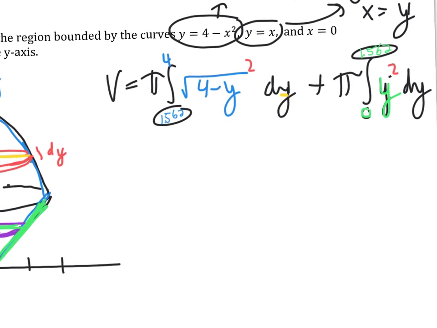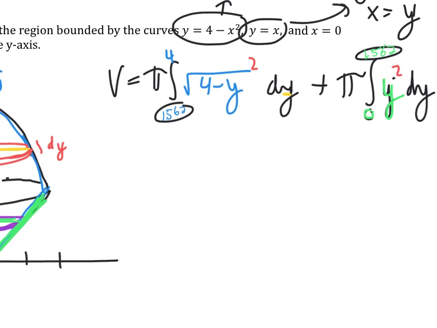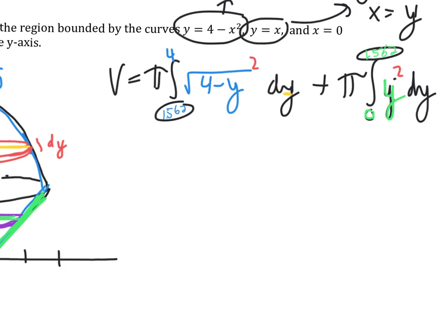So give myself a little bit more room here. And now it's just the nitty-gritty. Let's do the calculus part. So pi times the integral from 1.562 to 4 of 4 minus y dy.